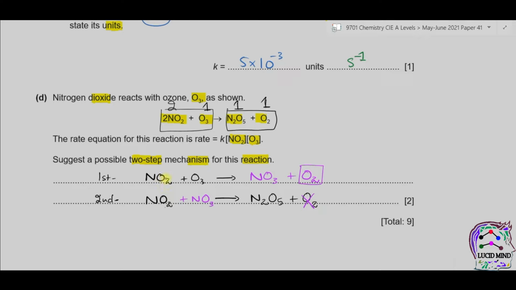So now we have NO2 plus ozone. In the first step it forms NO3 plus oxygen, and in the second step NO2 reacts with NO3 to form N2O5. Now we have 2 moles of NO2, 1 mole of ozone and 1 mole of this product along with 1 mole of oxygen.